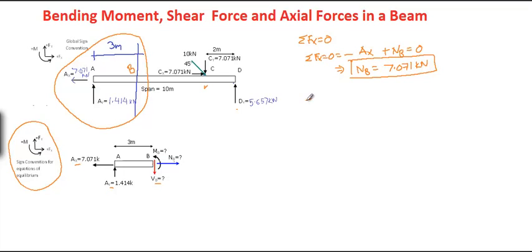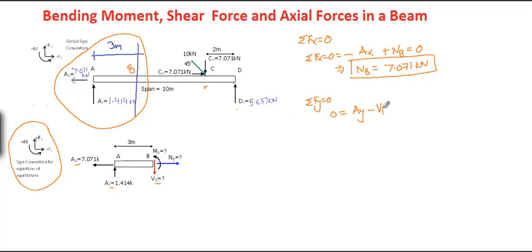Now let's apply summation of force in y direction equals 0. This will give us 0 equals vertical upward Ay positive minus VB, since VB is going down.